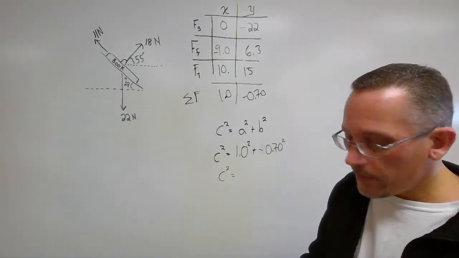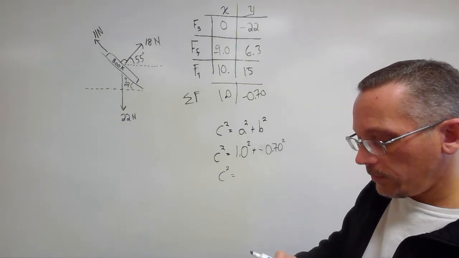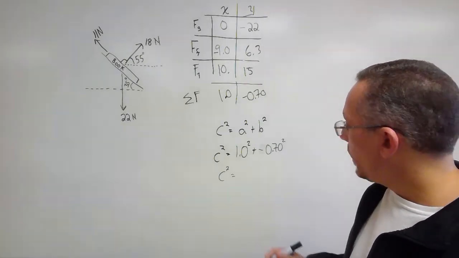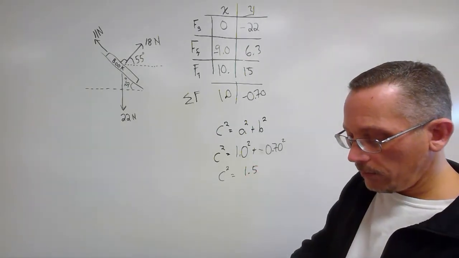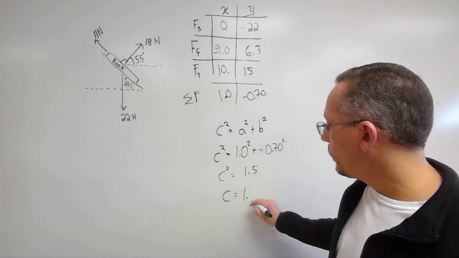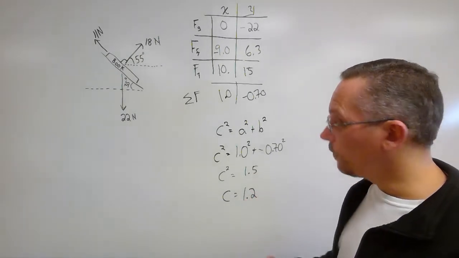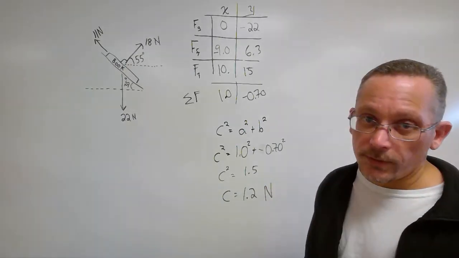And let's see how that comes out. 1 squared is just 1, 0.7 squared, and that is about 1.5. We'll get the square root. Get about 1.2. And being a force, that'll be in newtons.